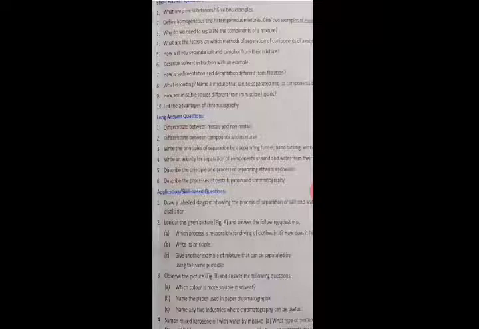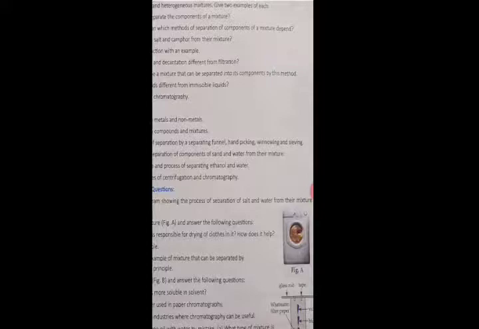Then question number 2, look at the given picture. You can see this picture of the washing machine, right? Which process is responsible for drying of clothes in it and how does it help? So please write the answer. First part, the name of the process is centrifugation. How does it help? This you will write.